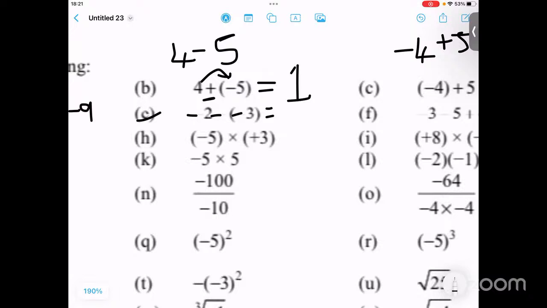I think we must take the brackets first. We must take the brackets, then we say -2 plus 3, then it equals 1. Is equals to 1.